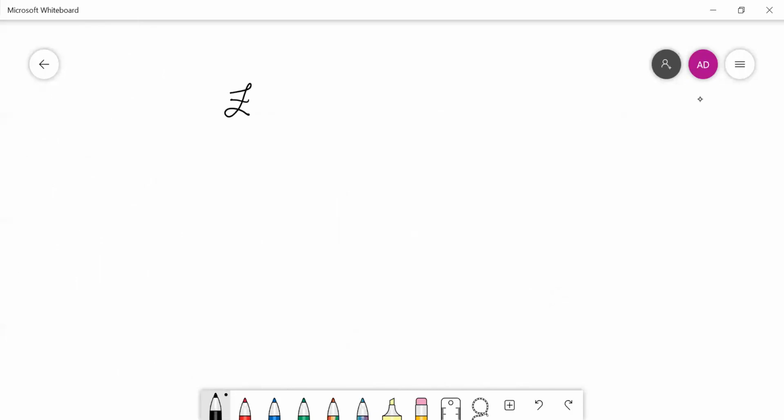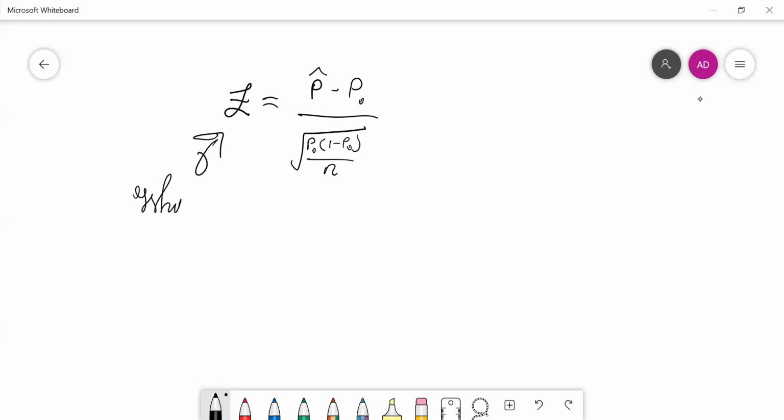Z equals p hat minus p naught over the standard error. Why z?